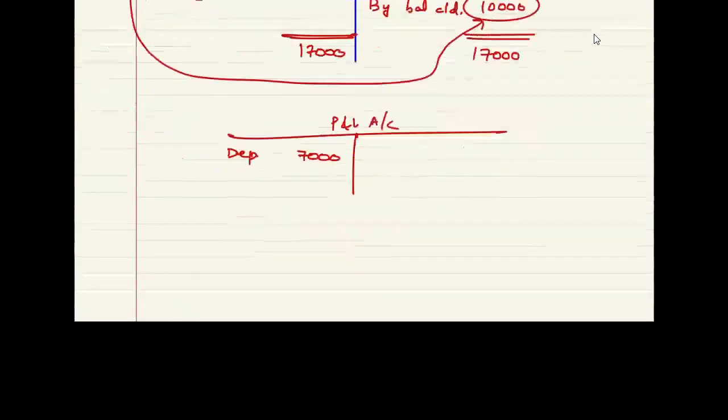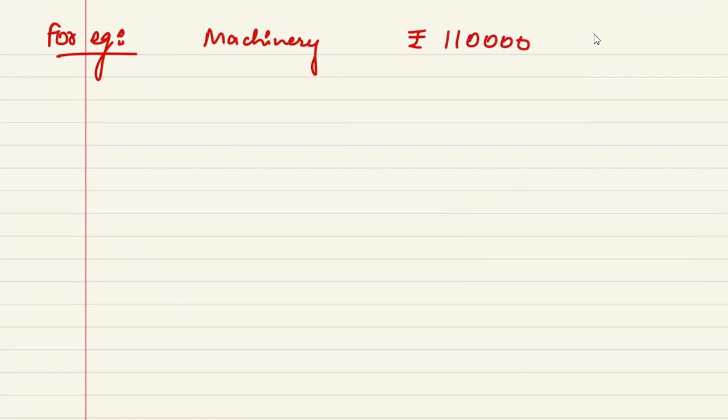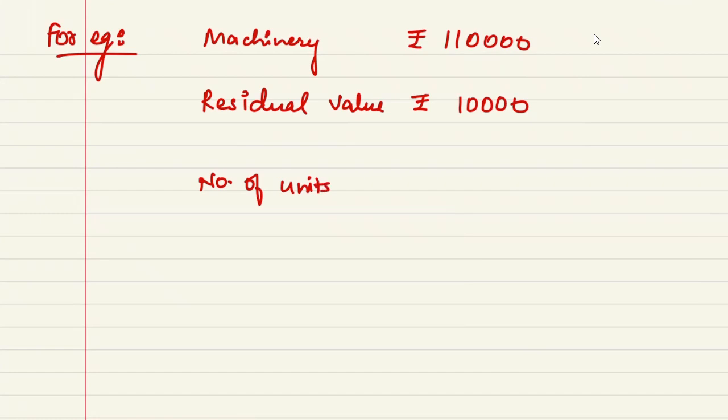So for example, I purchased the machinery for rupees 1,10,000. Residual value is given in the question. It is 10,000. The number of units the machine can produce is 5,000 units.